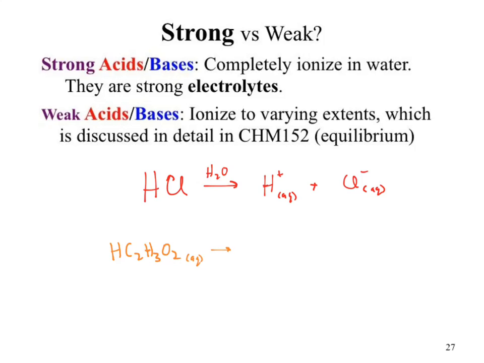Acetic acid, which when it hits water, because it's an acid, dissociates into ions. So we get our H plus aqueous, and we get our acetate ion, aqueous.